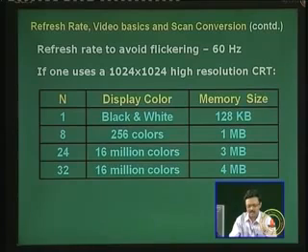Now, if you look at the last 2 rows of this table, the memory requirement goes up from 3 to 4 megabytes for a 1024 cross 1024 high resolution CRT, because the capital N has gone up from 24 to 32. I am talking about the last 2 rows. So, because of the increase in the capital N, the memory requirement is more, but we are not talking of increasing the colors. 16 million colors are the same.